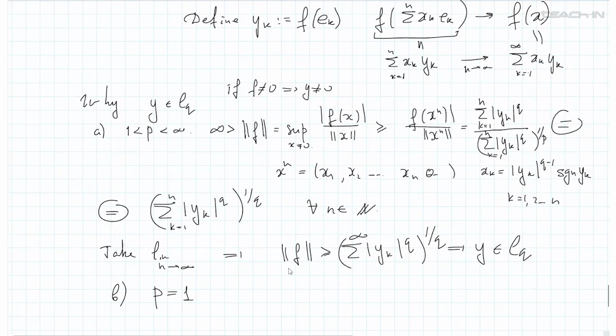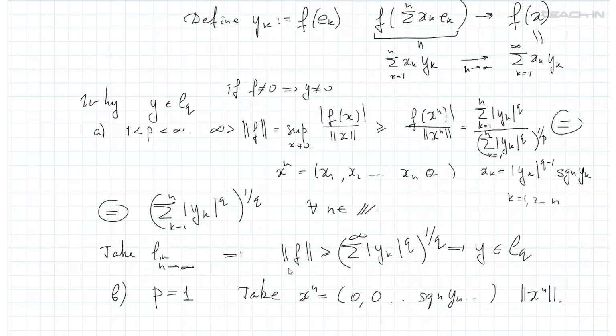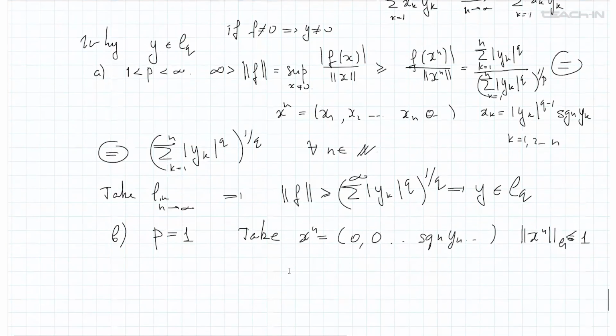So take xn equals 0, 0, signum yn, the norm of xn in L1 is less than or equal to 1, and the result of the functional on xn is just the absolute value of yn.